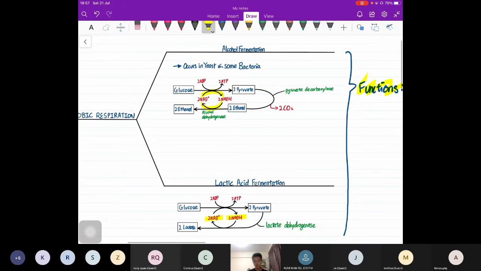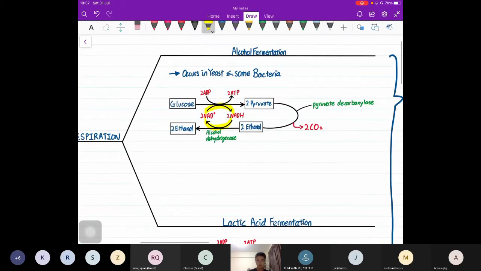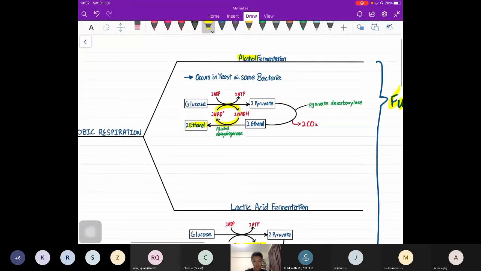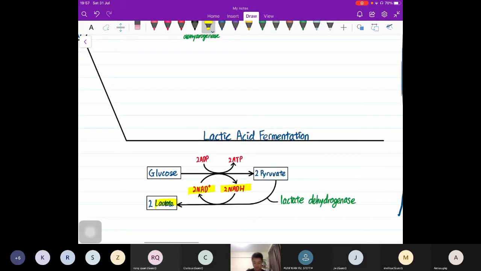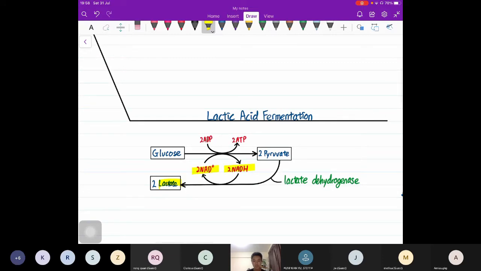Okay, so someone asked, how do you remember the molecules involved in your reactions? So alcohol fermentation. What is alcohol? Alcohol is ethanol. That's how you remember. Ethanol is a type of alcohol, therefore the ethanol is involved in alcohol fermentation. Lactic acid is lactate. If you want to know why lactic acid is lactate, it's because lactic acid doesn't stay as lactic acid in the body.